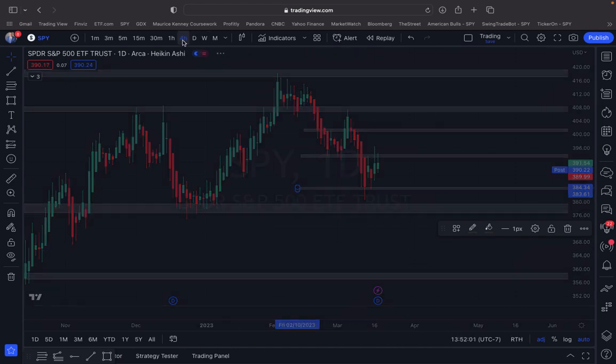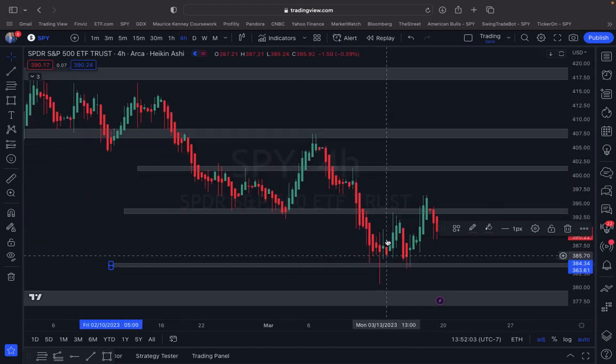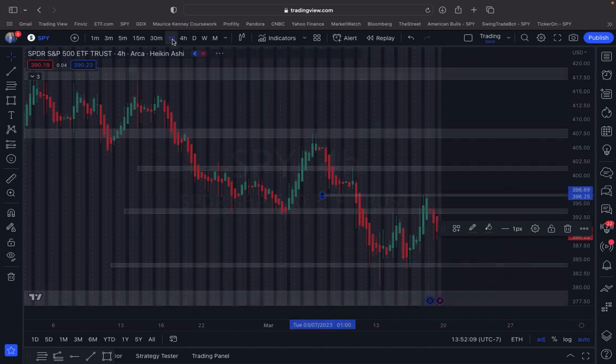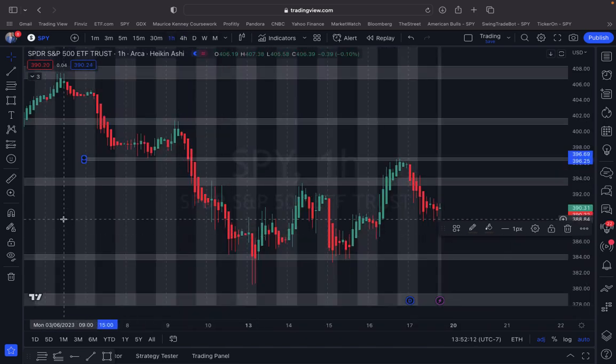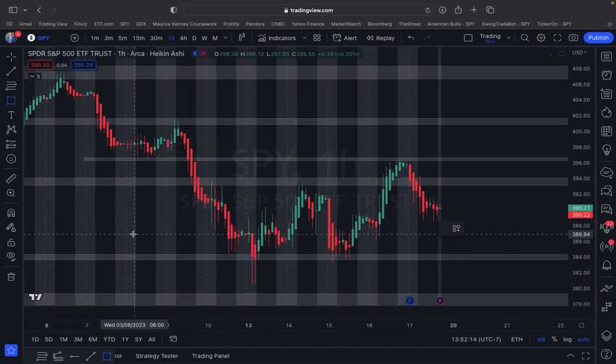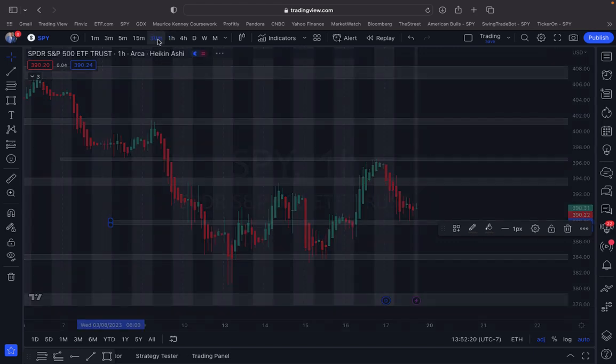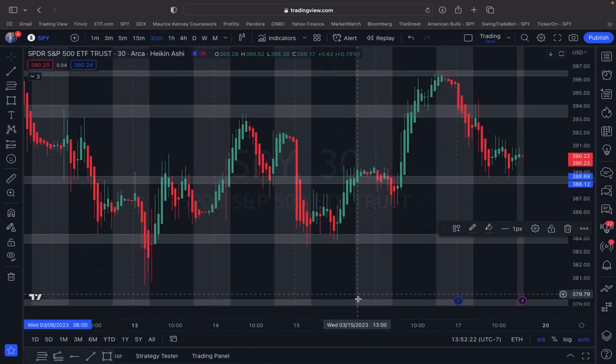All right, moving right along, go down to the 4-hour chart, same sort of thing. On the 4-hour chart, we do have an area right there. 1-hour chart, same process. We do have an area of, looks like, demand right there. And again, we're just looking at fresh zones, most recent trading sessions.